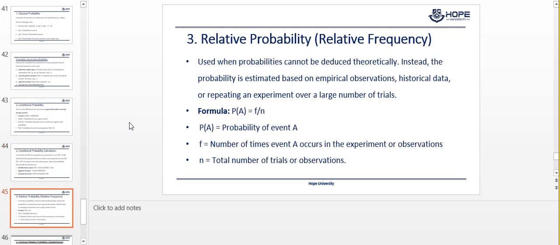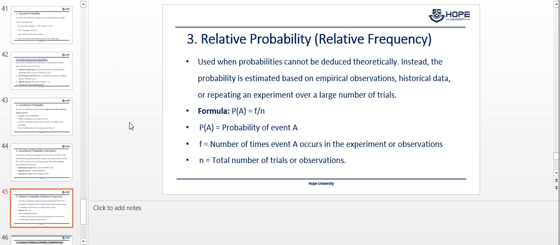In relative frequency probability, we use it when probability cannot be derived theoretically. Instead, the probability is estimated on the basis of actual numbers, empirical observations, or historical data, or by repeating an experiment over a large number of trials.